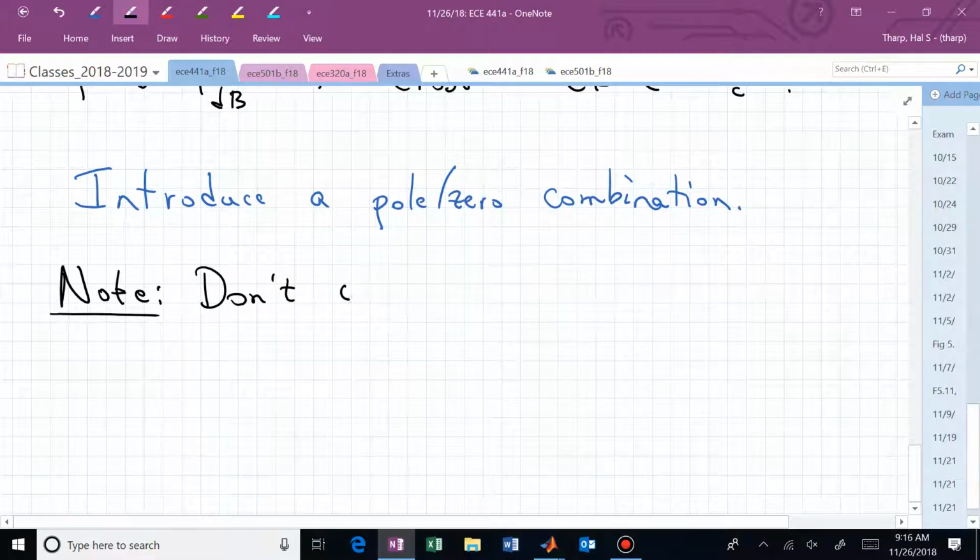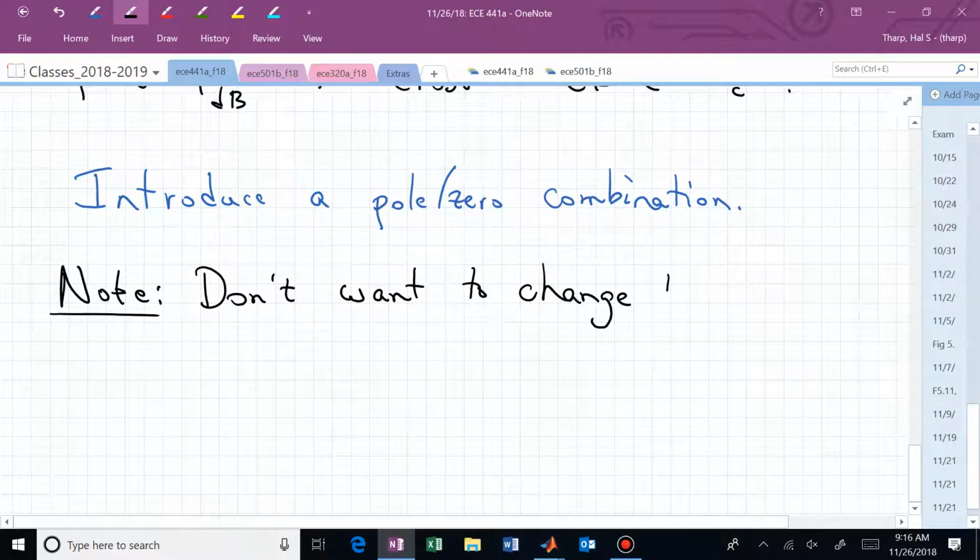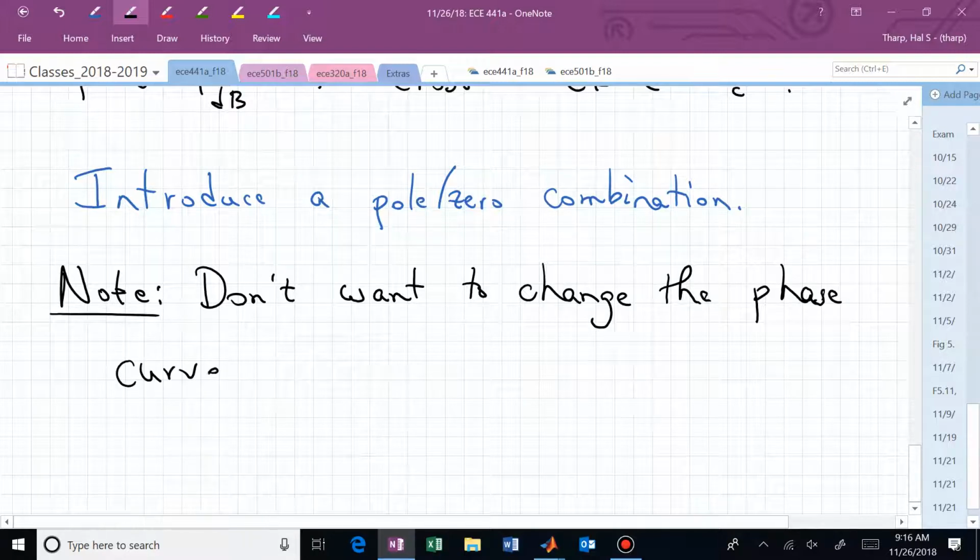So we don't want to change the phase curve near this new crossover frequency that we were labeling omega sub C prime.